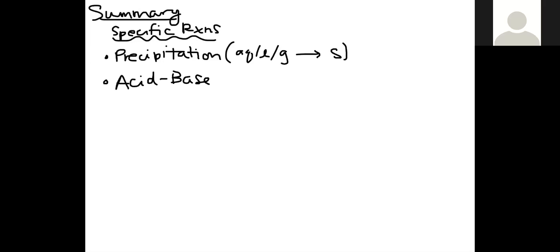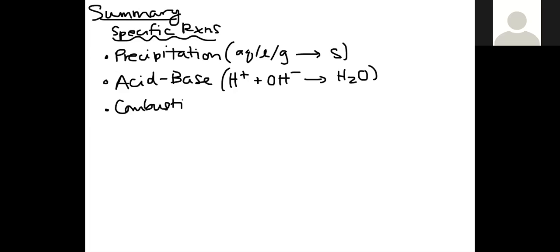What does it give to solution? Hydrogen plus. And a base gives OH to solution. So you're going to have an acid and a base, and one of the products is going to be H2O. And then we just talked about combustion, which is something plus what?